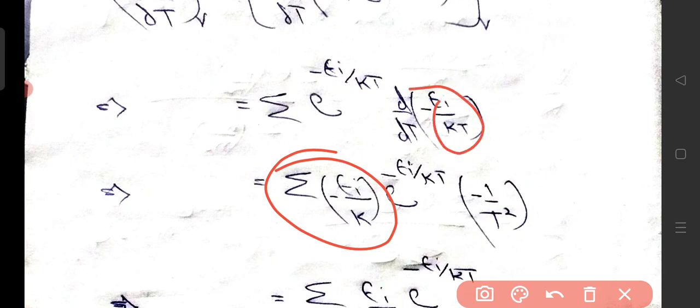And when you take the derivative of 1 over T, d upon dT, in the simplest manner I can take d over dx of 1 over x.